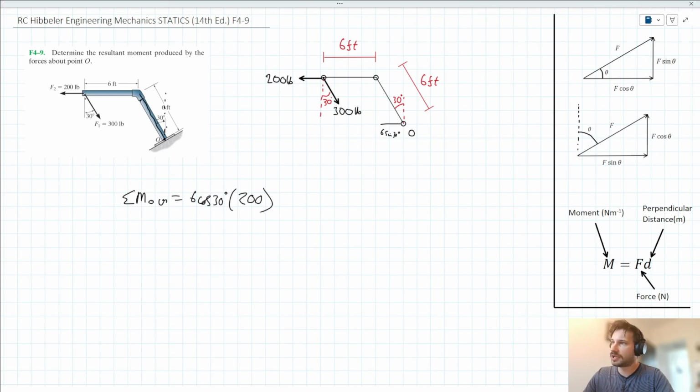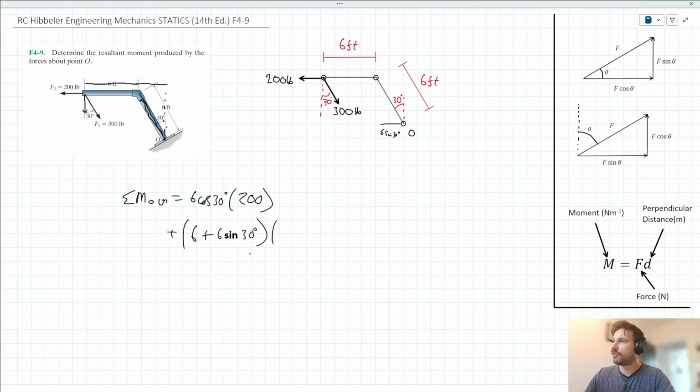The other anti-clockwise moment we have acting here is going to be the vertical component of F1. The perpendicular distance there is going to be this 6-foot length plus the horizontal component of this 6-foot section. So that perpendicular distance we could describe as 6 plus 6 sine 30, based on what we said earlier.